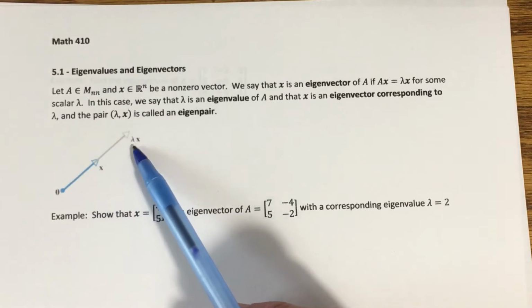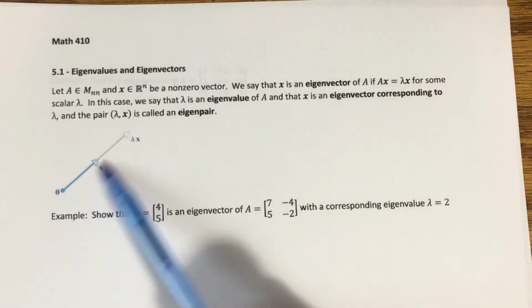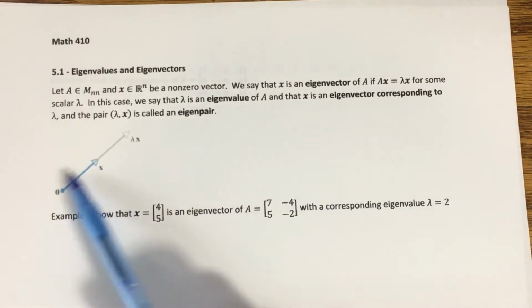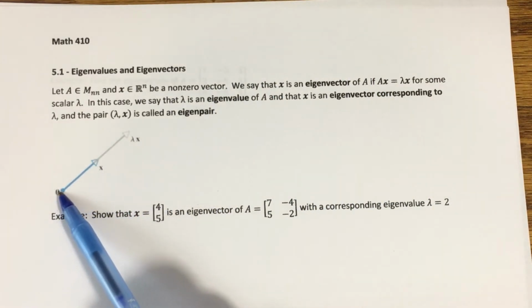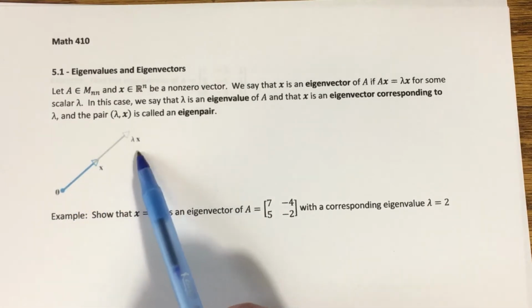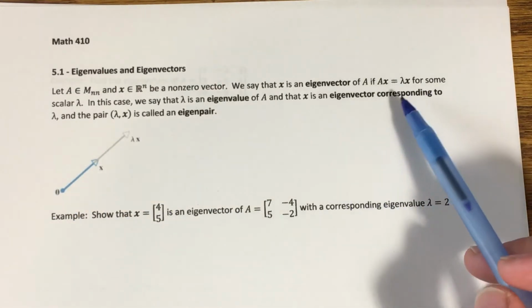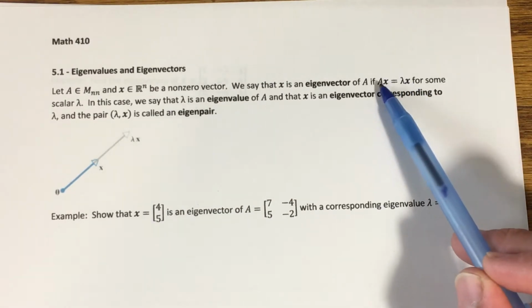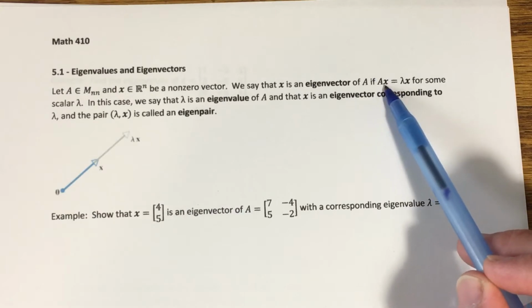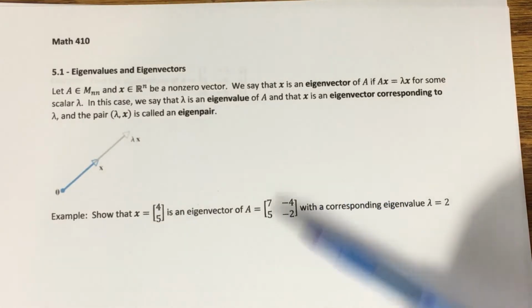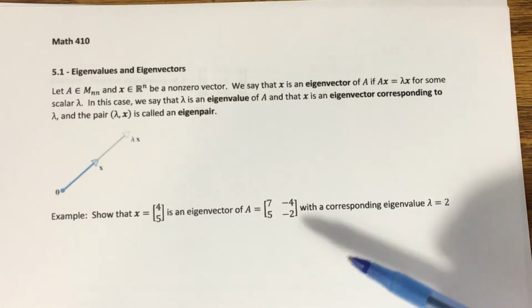For example, if lambda equals 2, it would double the length of that vector but not change its direction. If lambda was a negative value, then it would reflect it and change the direction by 180 degrees, pointing the opposite direction, and then scale it according to the absolute value of lambda. But the point here is that eigenvectors are special vectors that go with specific matrices, such that this product has this effect on that vector. It just scales it, the same thing as multiplying it by a scalar.